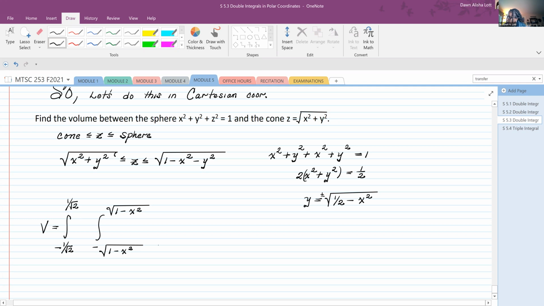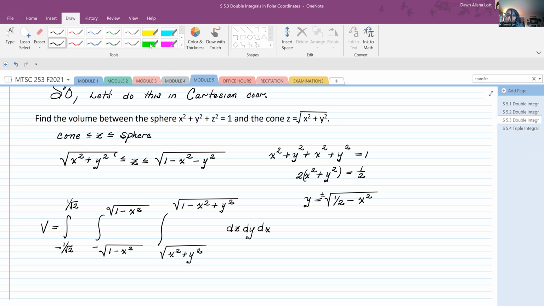And z is going to go from the square root of x squared plus y squared to the square root of 1 minus x squared plus y squared, dz dy dx.